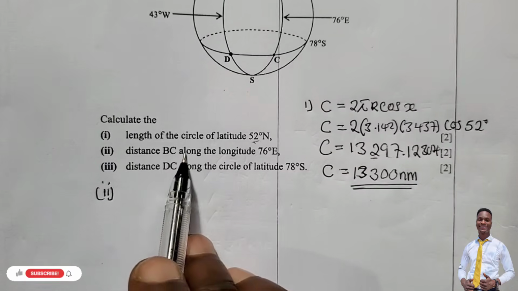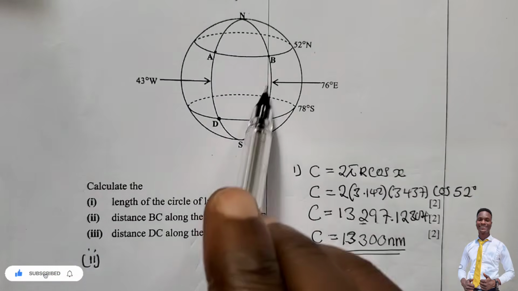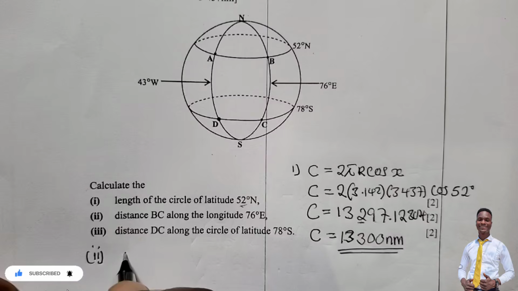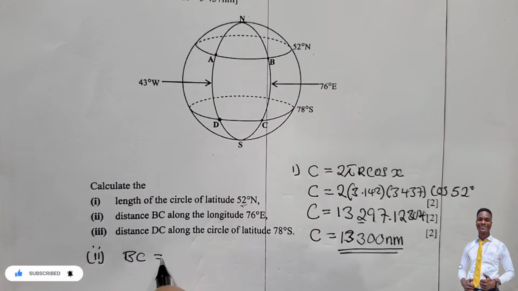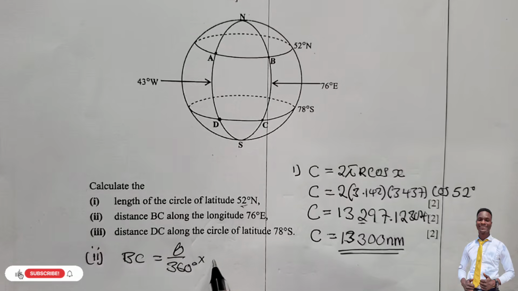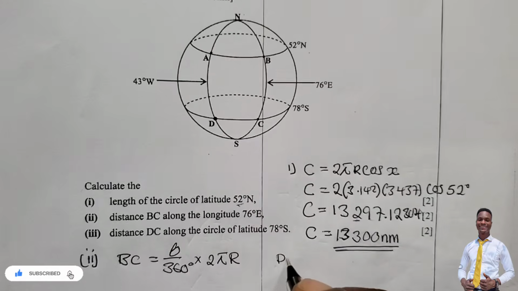Calculate the distance BC along the longitude 76 degrees. So BC here is the line of longitude. The formula will be BC equals theta over 360 degrees times 2 pi r. It's as simple as this.